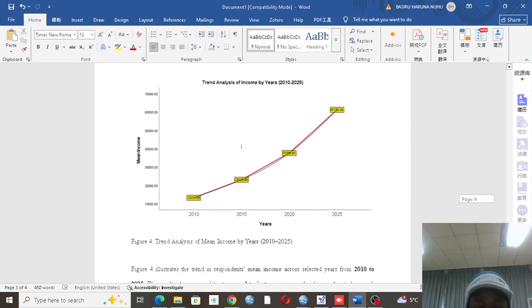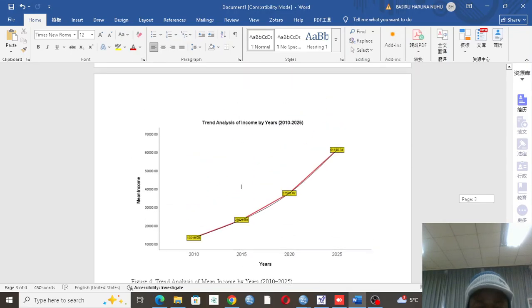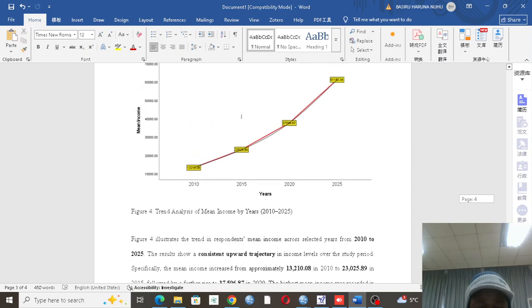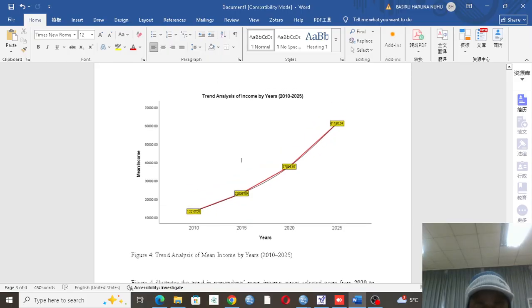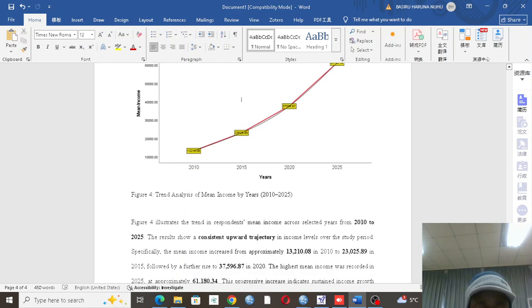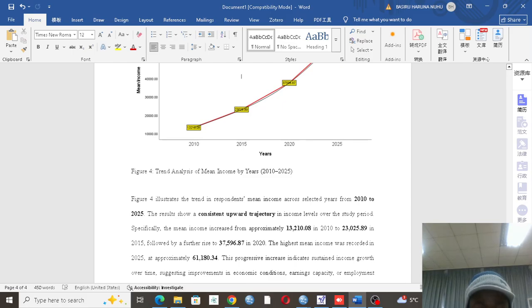Now let's come to our trend analysis, the last one. We have figure 4, trend analysis of mean income by years. So we put the years 2010 to 2025. Figure 4 illustrates a trend in respondents' mean income across selected years from 2010 to 2025. The results show a consistent upward trajectory in income levels over the period.